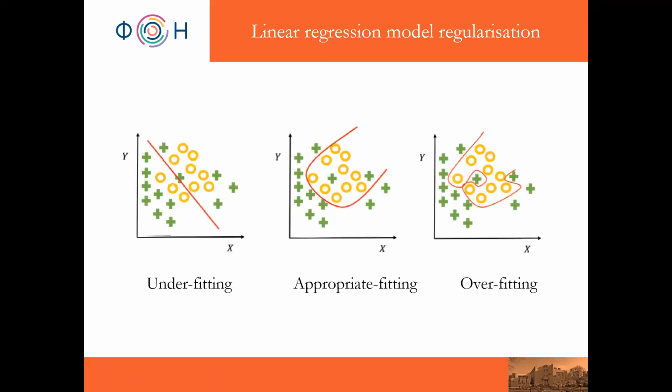So on this slide, we have a couple of graphs so that we can see the difference and maybe better understand the concept of underfitting, appropriate fitting, and overfitting. The first model here, in the left part of the slide, is the situation when we have underfitting. We have some data.